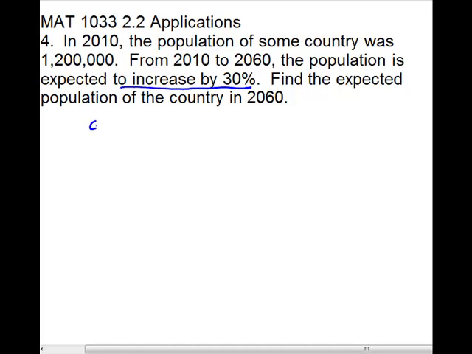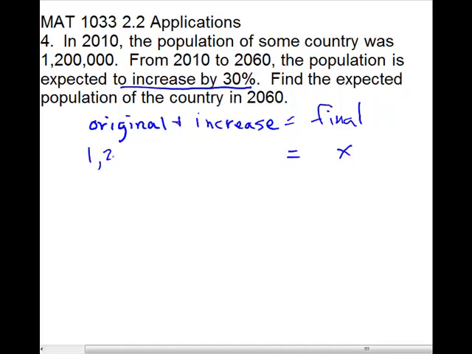So we have an original, we're going to add an increase, and that will equal the final, which will be our expected population in 2060. So this time it is the final that we don't know. Our original is 1,200,000.